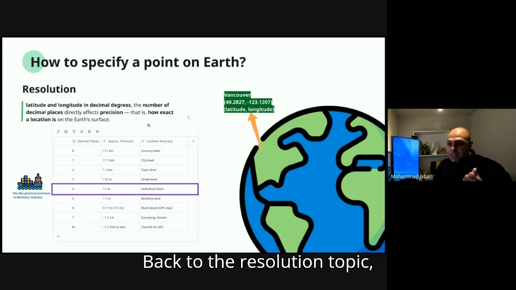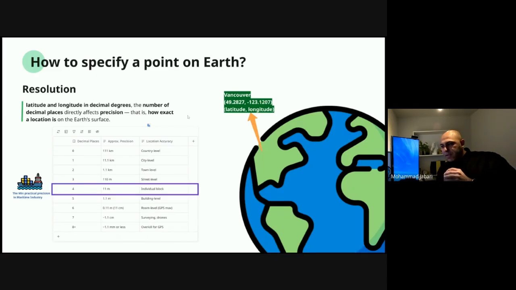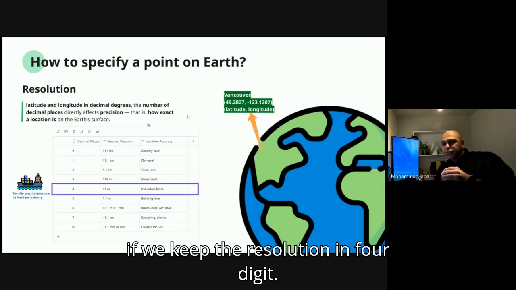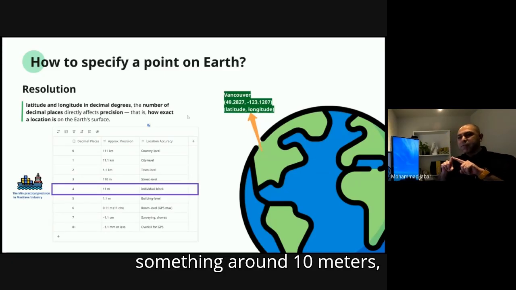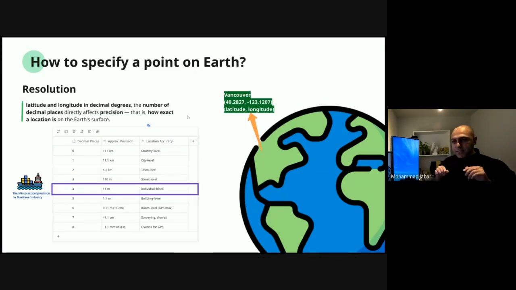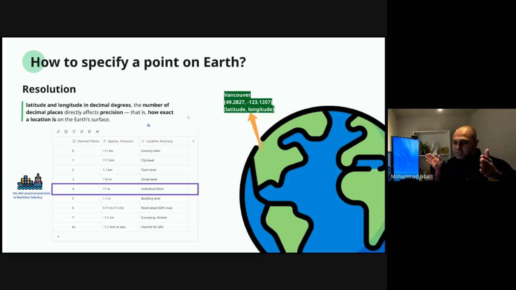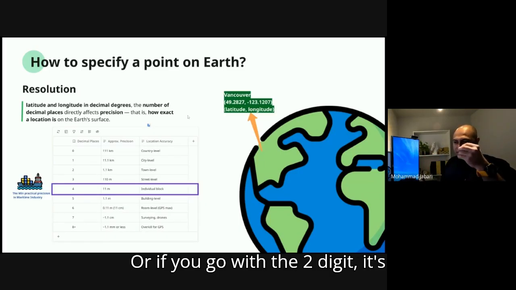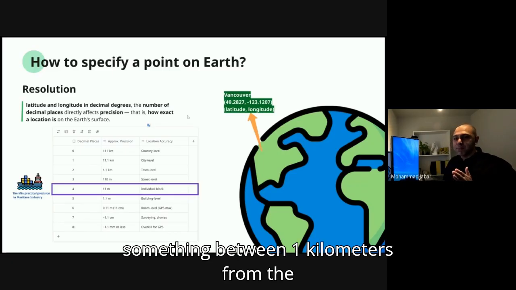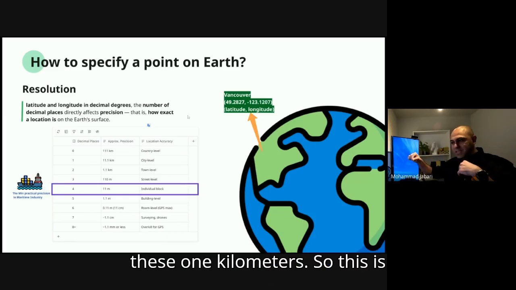Back to the resolution topic, when we are talking about an area, if we keep the resolution at 4 digits, we are talking about something around 10 meters. If you go with 2 digits, it's something around 1 kilometer.